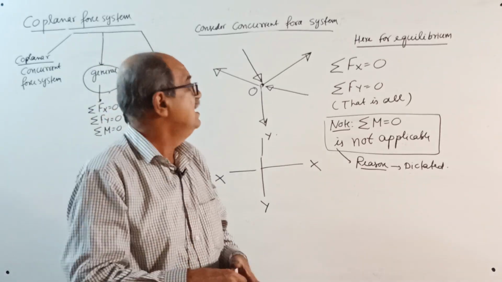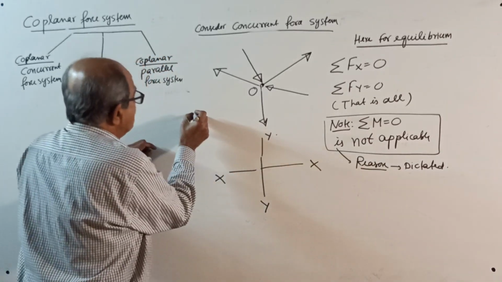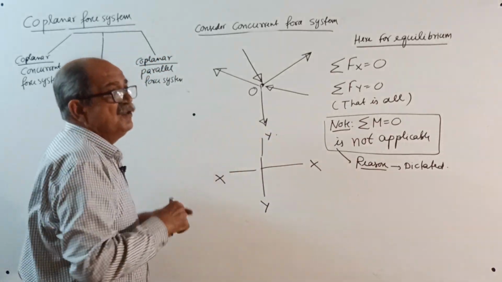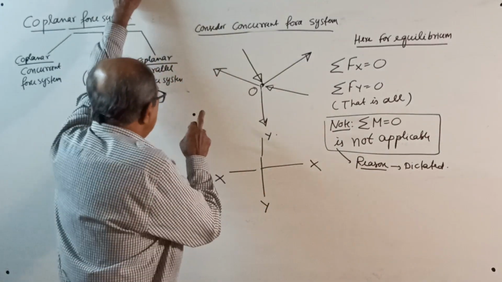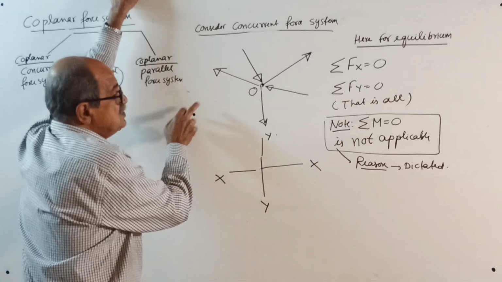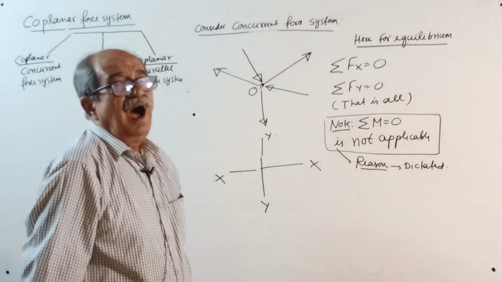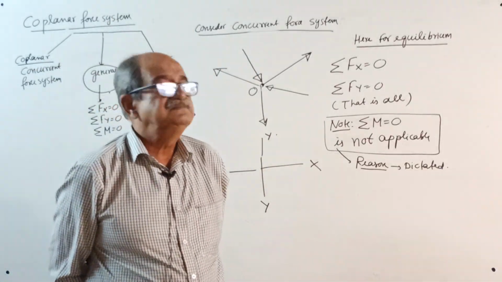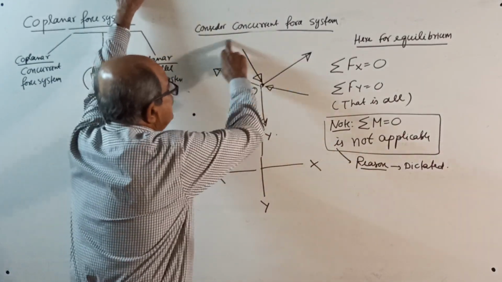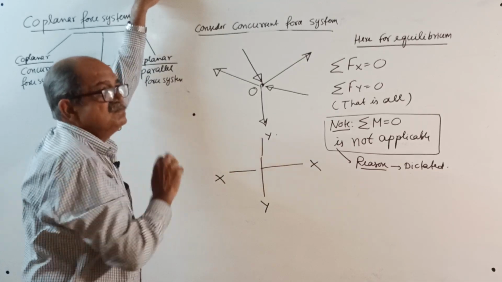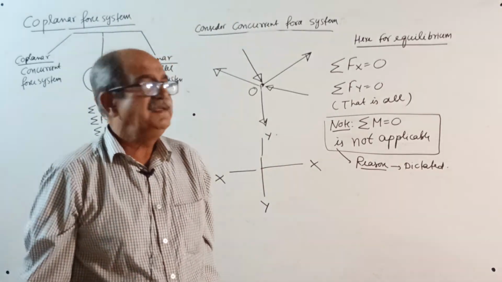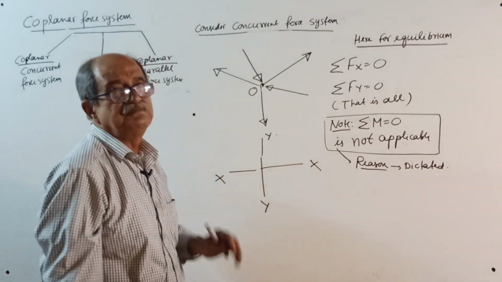Somebody asked me earlier, sir, suppose I take moment about some other point, then it is not 0. No problem. See, if you take some other point, do one thing. Algebraic sum of moments of the entire force system about any point is 0. Agreed. That is a basic condition in a coplanar force system.